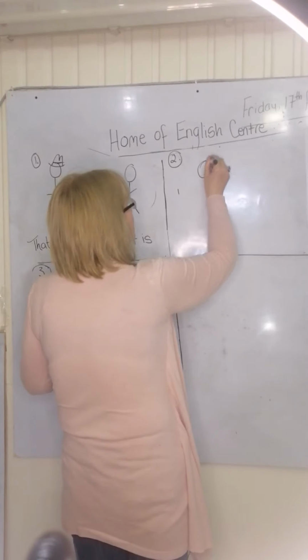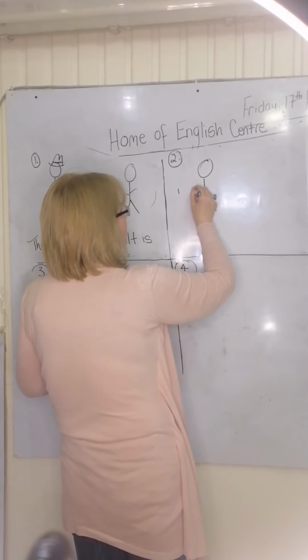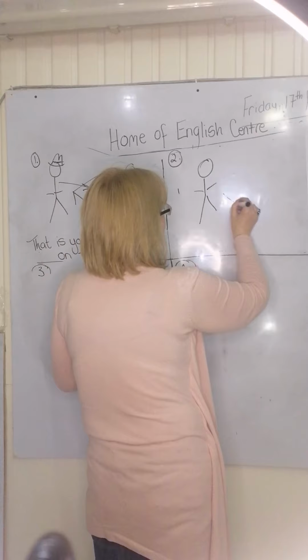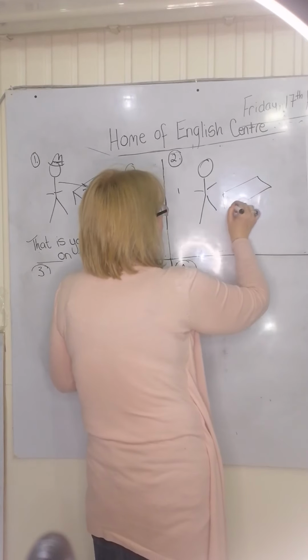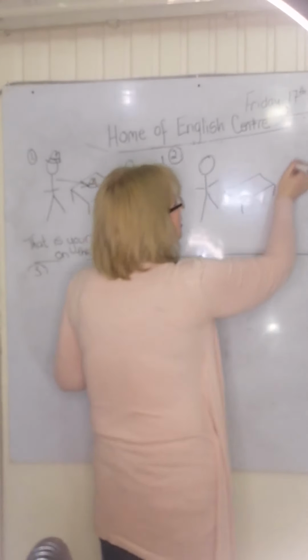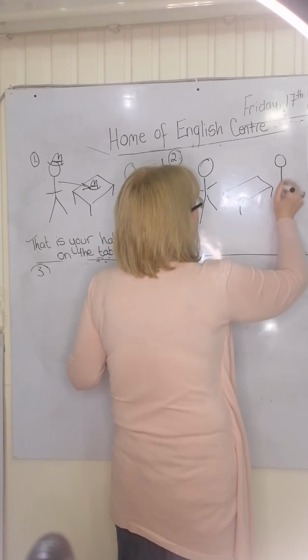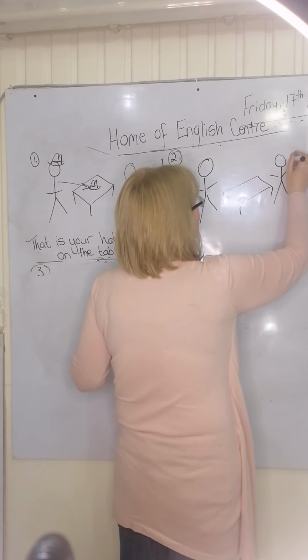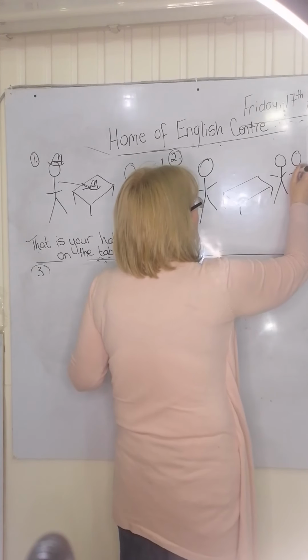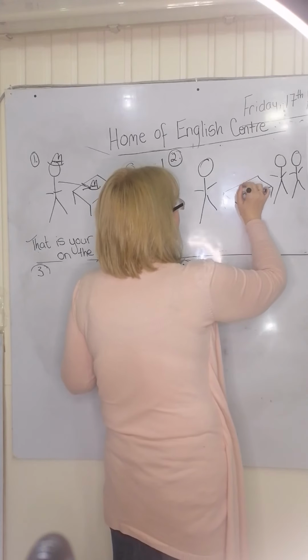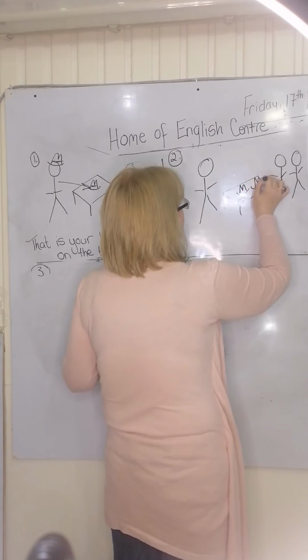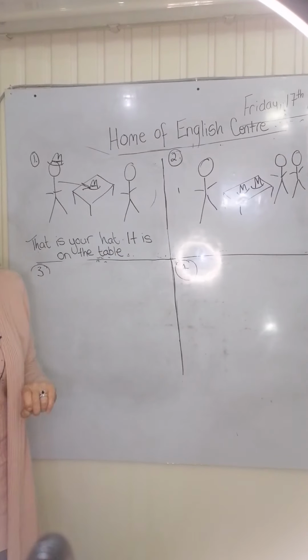So John is here. The table is there. Now John has two friends with him, with two hats.